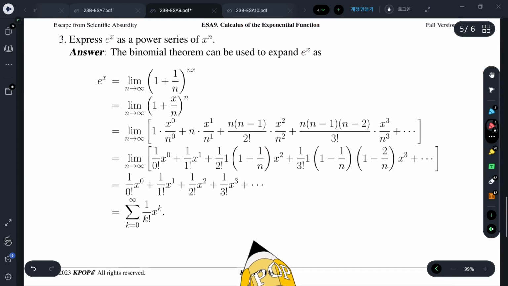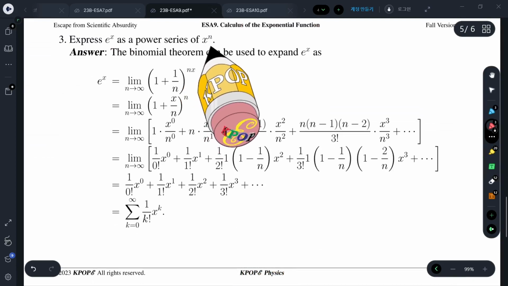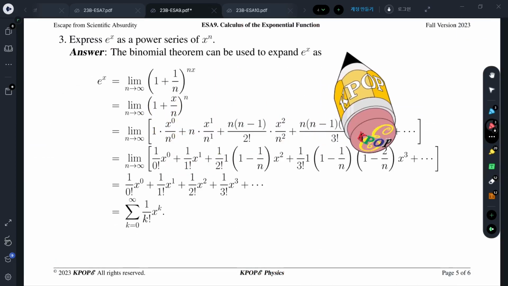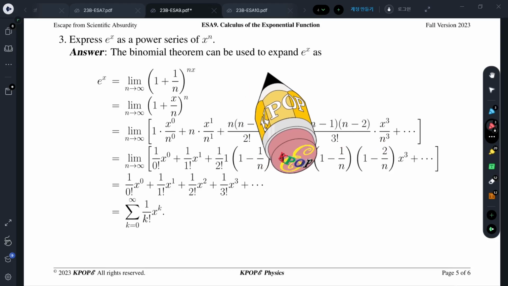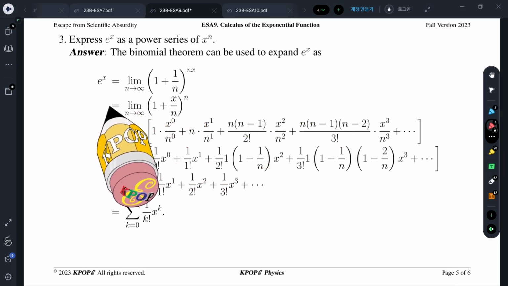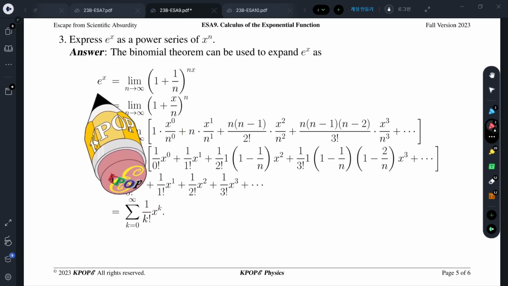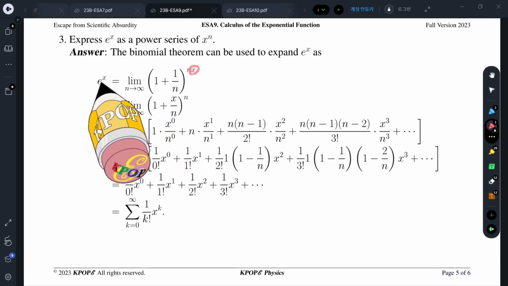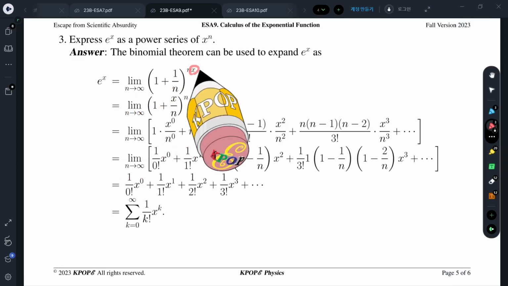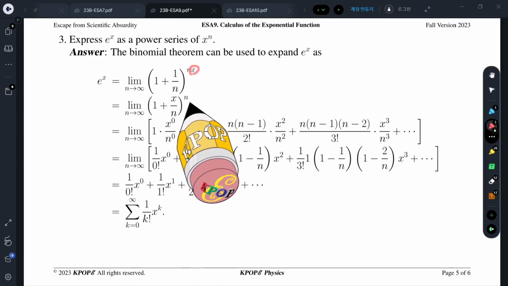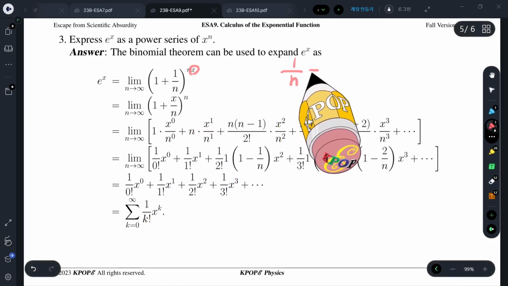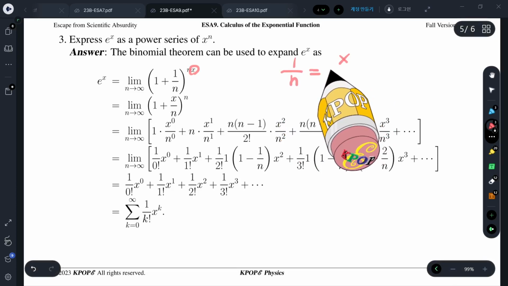Express e to the x as a power series of x to the n. The binomial expansion can be used again with the same strategy. The exponential is given here, and after multiplying we have a power of x. So why don't we rewrite this 1 over n with x?